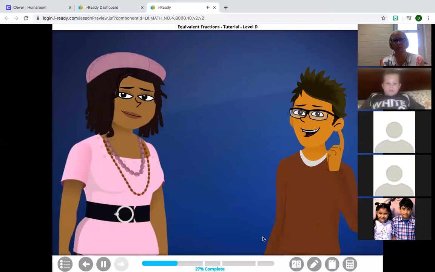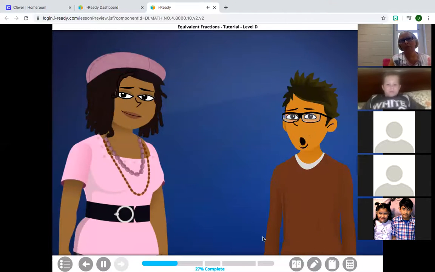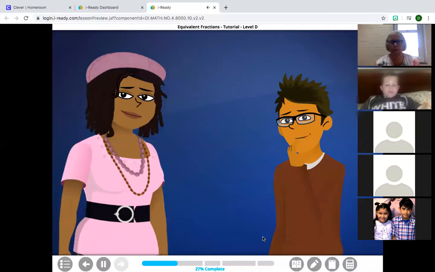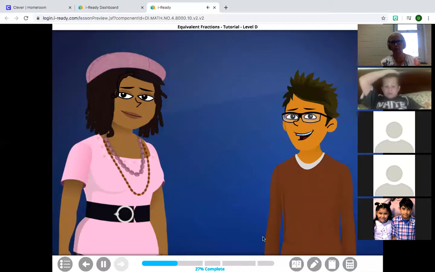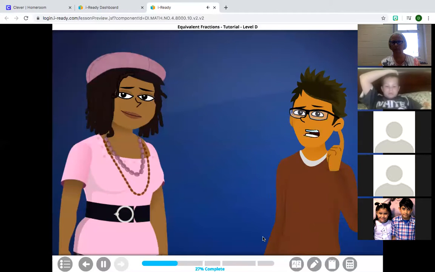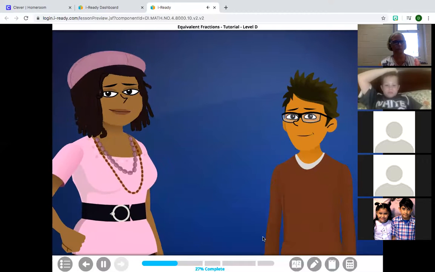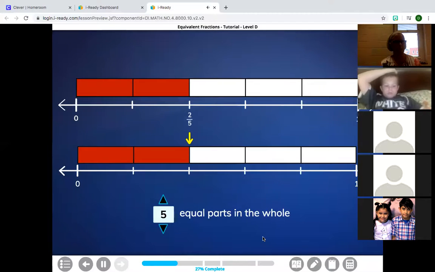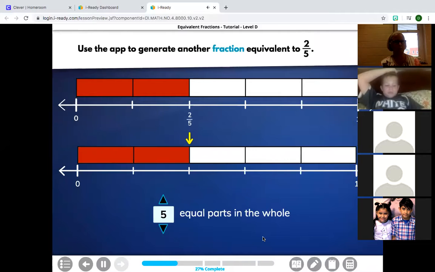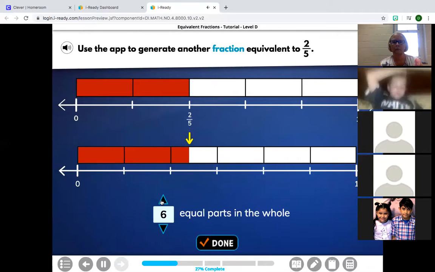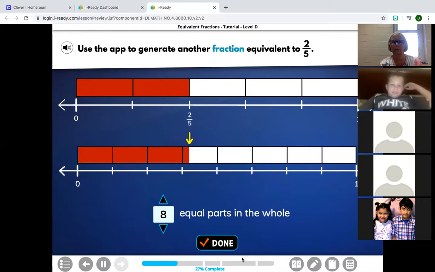Well, that level is complete, but the next level asks us to find another fraction different from 4/10 that is also equivalent to 2/5. Let's use the app again. Use the app to generate another fraction equivalent to 2/5. That's not it.